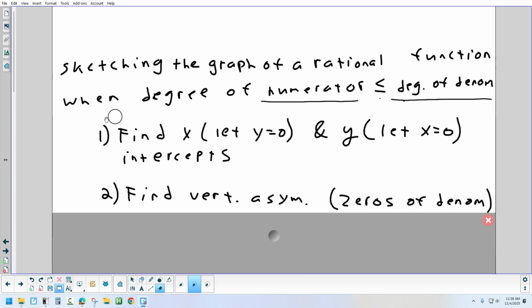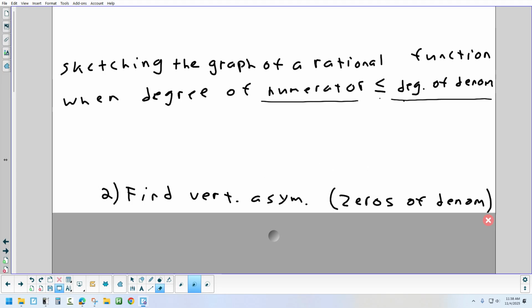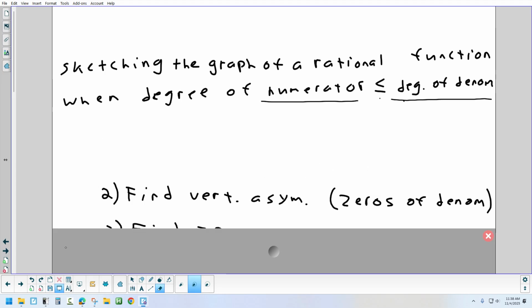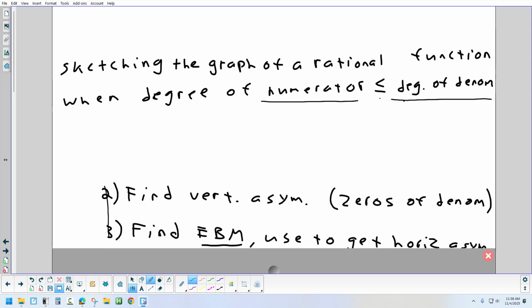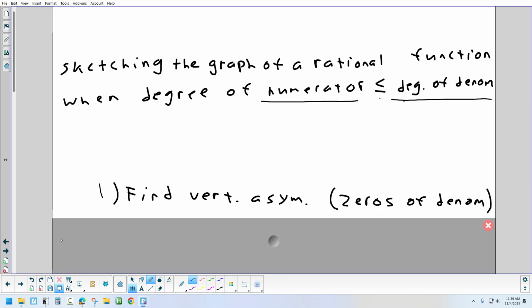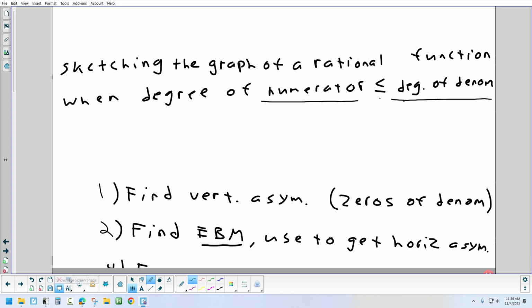Okay, so let's do this. So the first thing that we want to find are the vertical asymptotes. Sometimes they're easy to find. Sometimes, worst case, you're going to have to use the quadratic formula. So we'll start with the vertical asymptotes. And then we're going to do what we just did in the last problem.